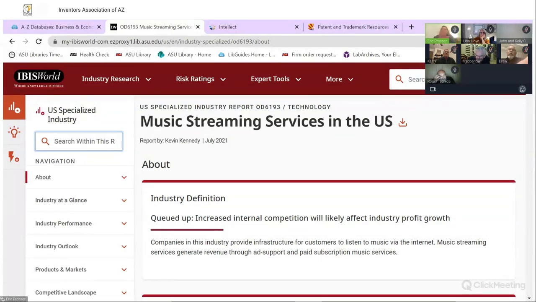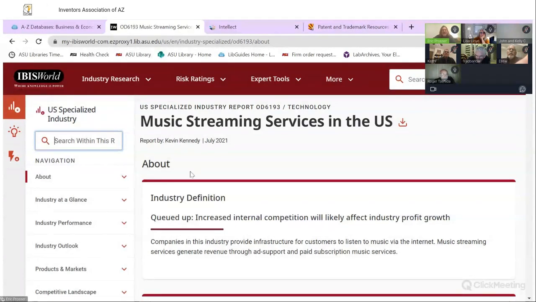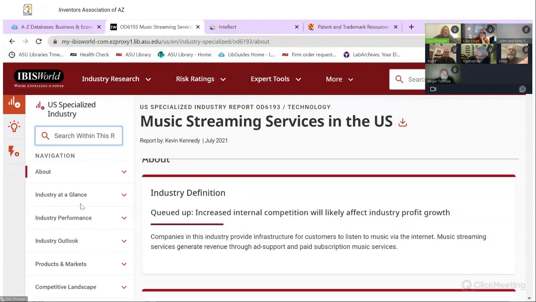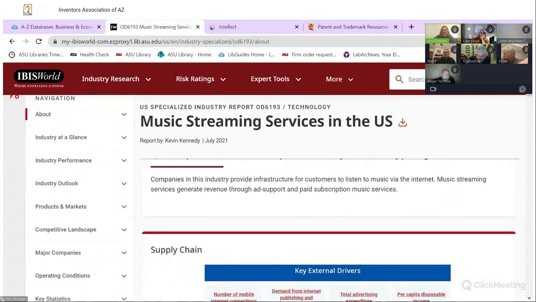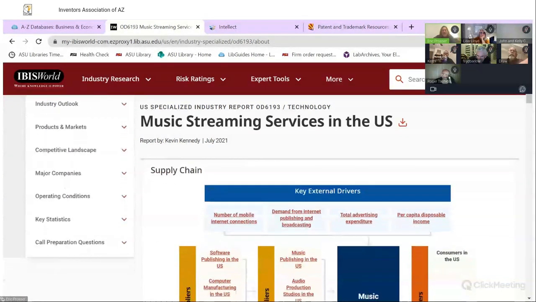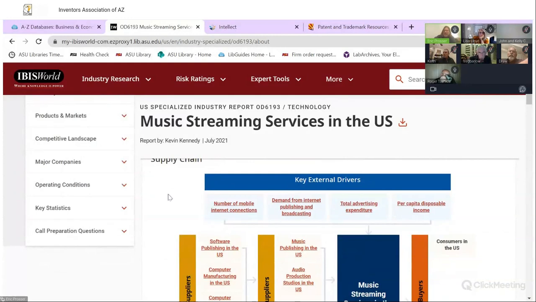Where in Mergent we had all of our choices kind of at the top in tabs, over here most of our tabs are over on the left side. Essentially it will talk about what's going on in the industry. It talks about what the supply chain is.